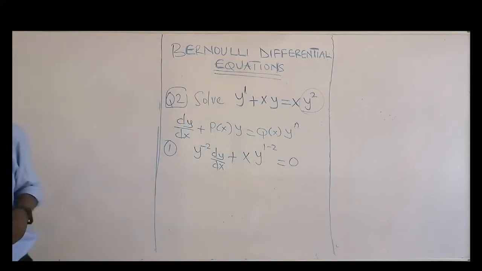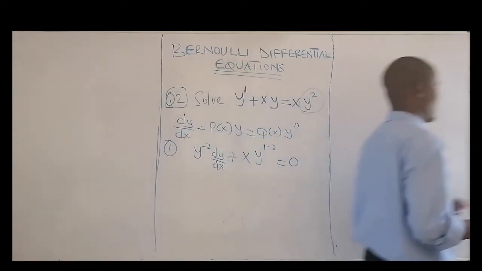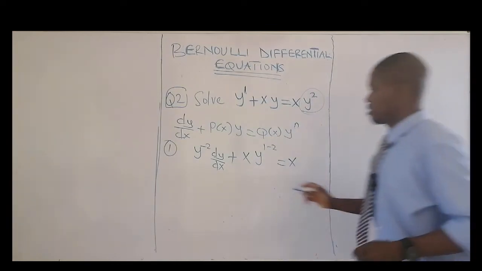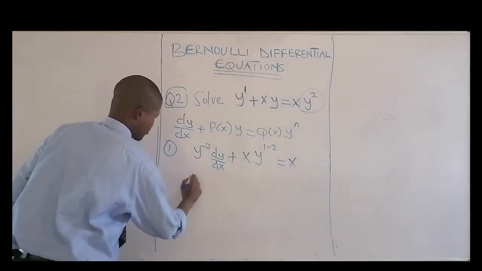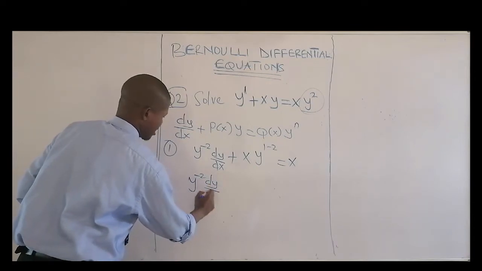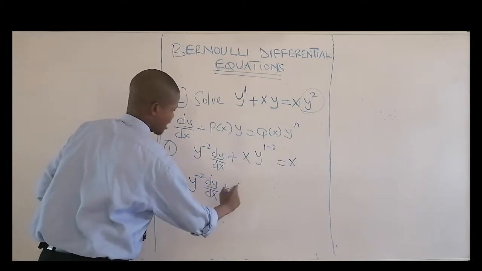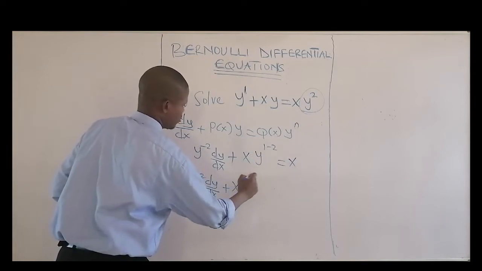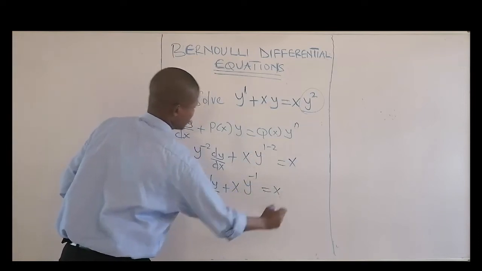I want to write q(x) equal to x there. So the next thing to do is to get the value of this, y^-2 dy/dx plus x times y^(1-2), which is y^-1, equal to this.